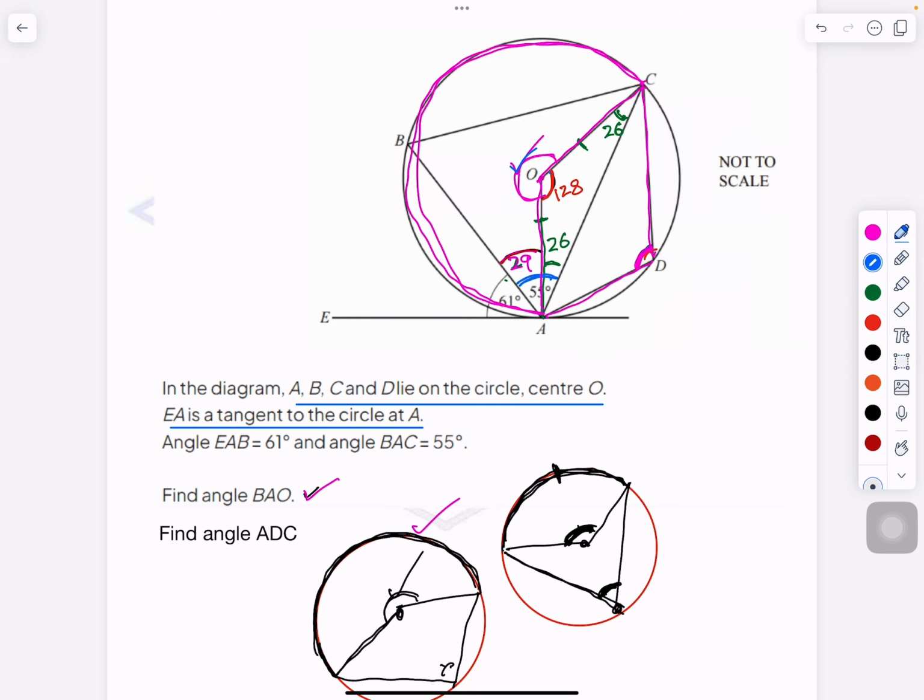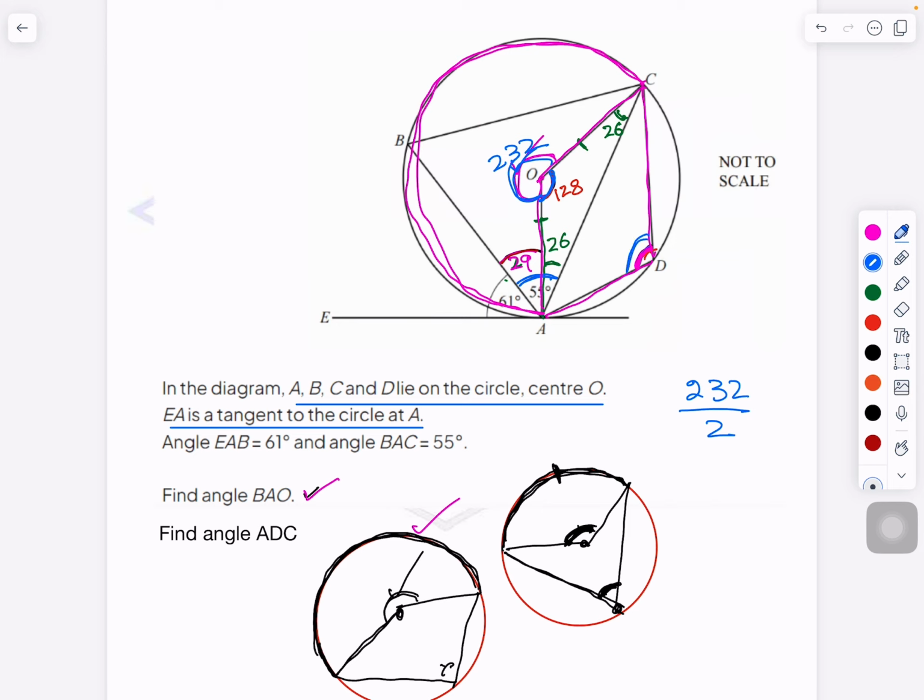Why? Because I know this is 128. If I minus it from 360, I will get it. So 360 minus 128, which is 232. So if you divide 232 by 2, you will get this required angle.